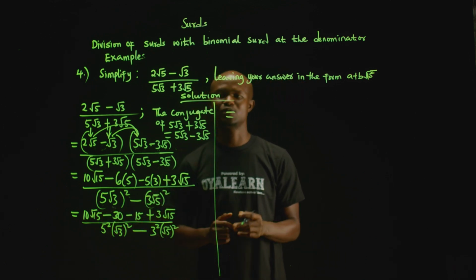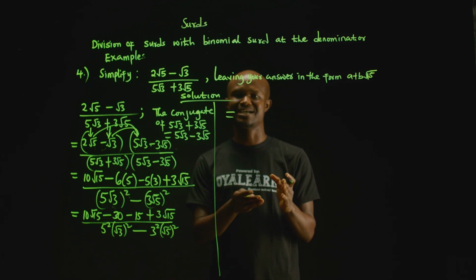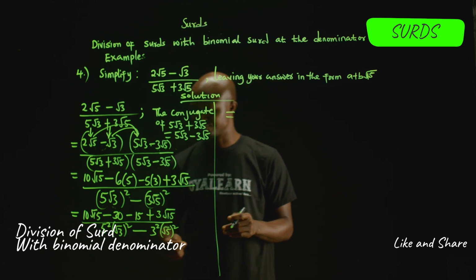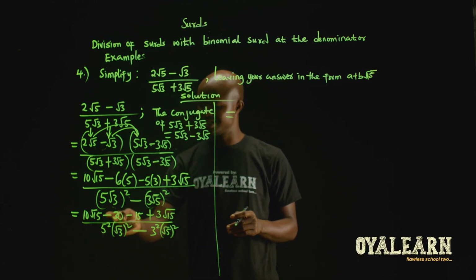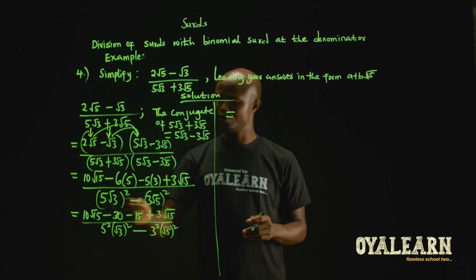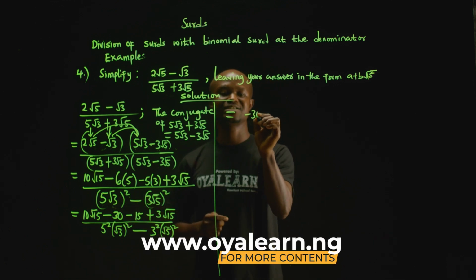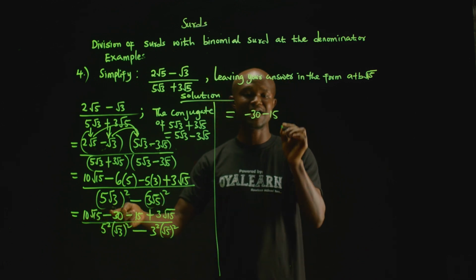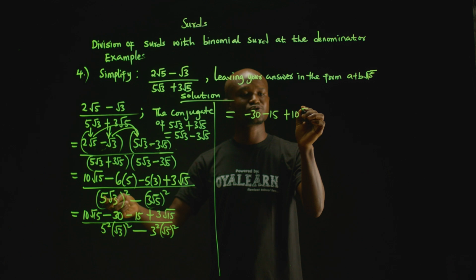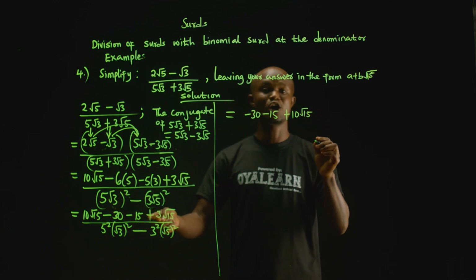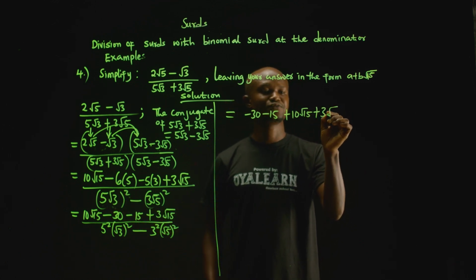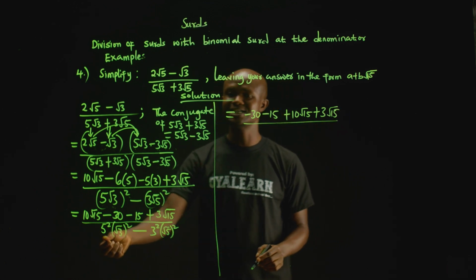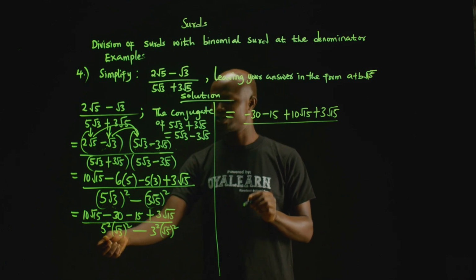Looking at the numerator, we are going to collect the like terms. Let's deal with the whole numbers first. So we have minus 30 minus 15. Then looking at the surd part, we have plus 10 root 15 plus 3 root 15, divided by, now simplifying this, 5 squared, that's 25.